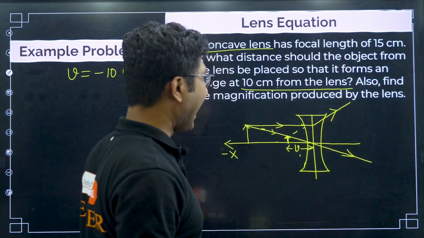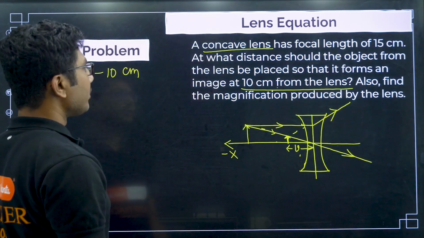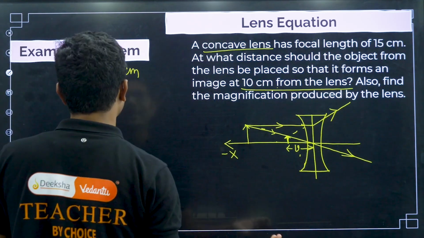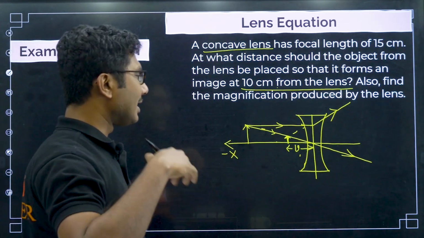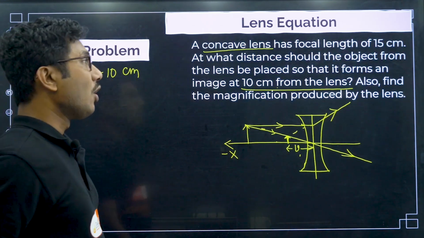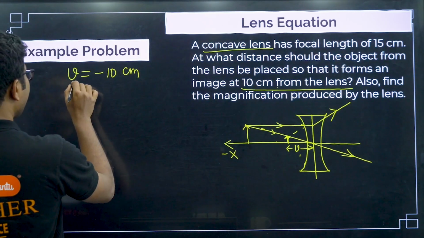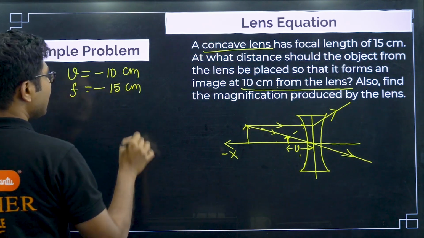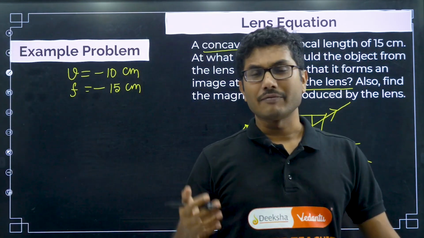First we have to find U. U is by default negative, but we will not put the sign of U while solving it. The sign of U will come automatically. What is the focal length? Focal length is given as 15 centimeter, so that is minus 15 centimeter. Concave lens or concave mirror, they both have negative focal length.